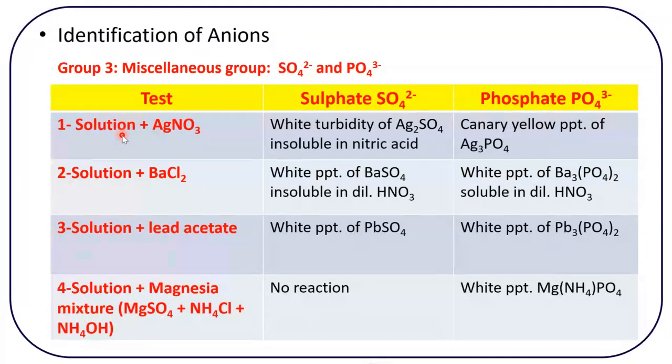The first confirmation test is solution plus silver nitrate. You will see a white turbid precipitate. The reaction becomes turbid, which means you have a precipitate of silver sulfate, Ag2SO4.